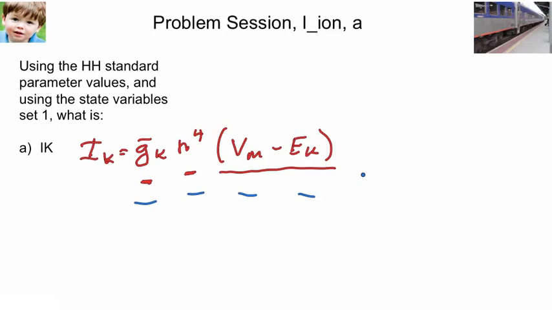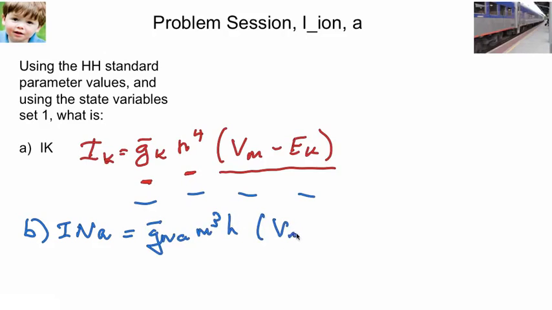A similar situation exists for the other two currents. The question asks us to find INA equals G bar NA m cubed h (VM minus ENA).